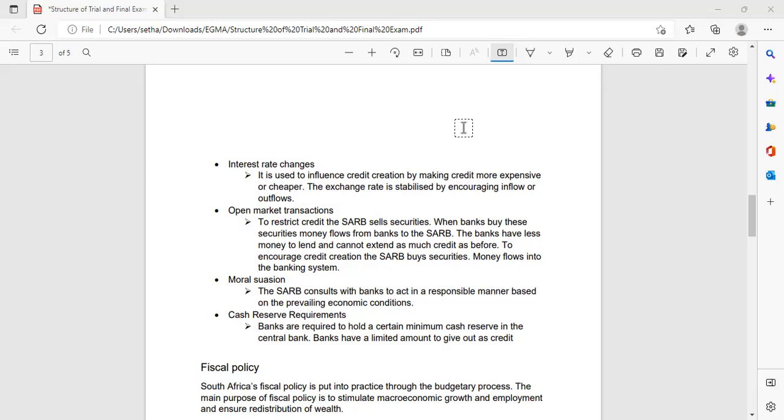So the rate that the South African Reserve Bank charges to the commercial banks is called the repo rate, and the rate that the banks charge to people is called the prime rate.